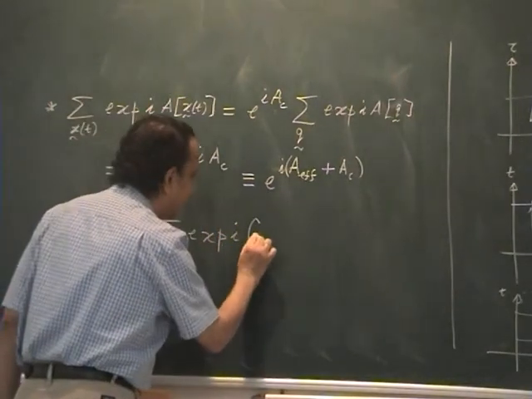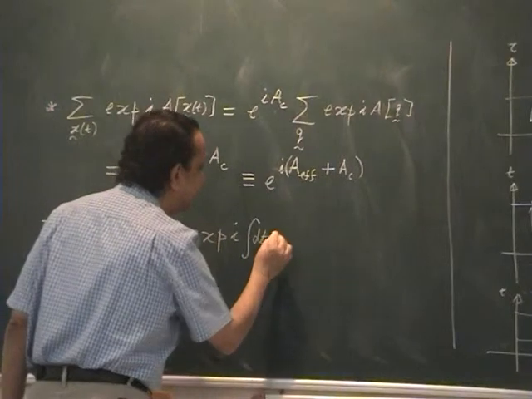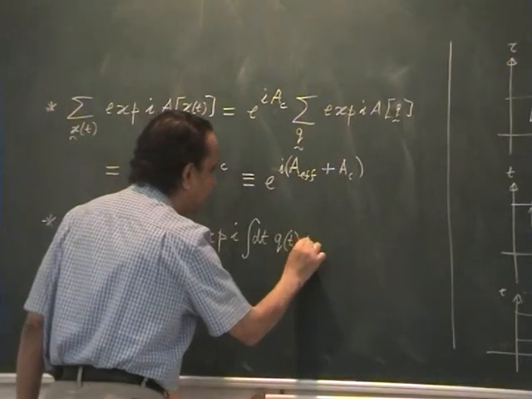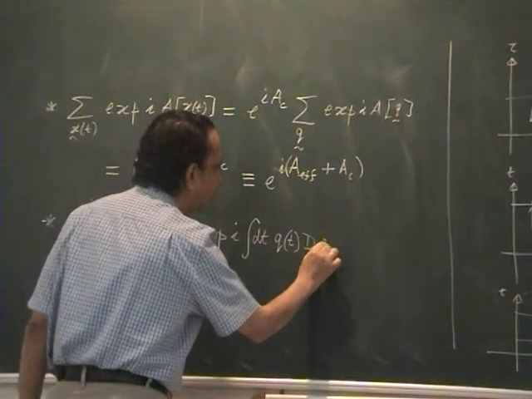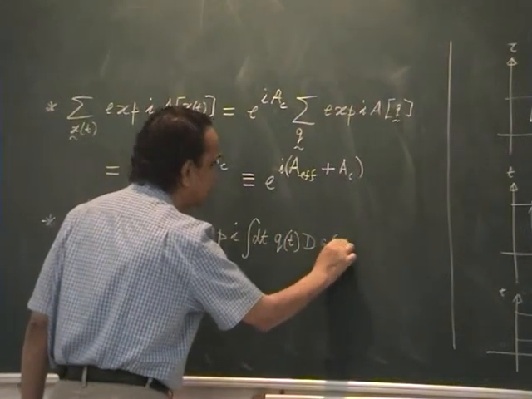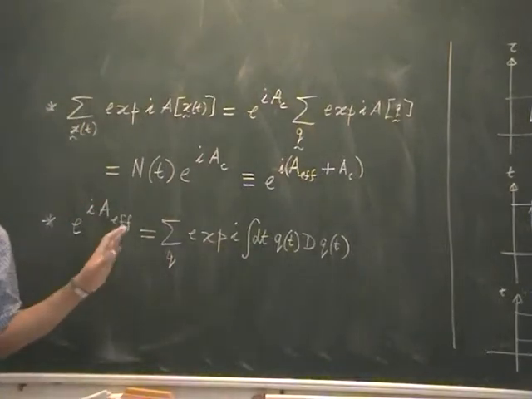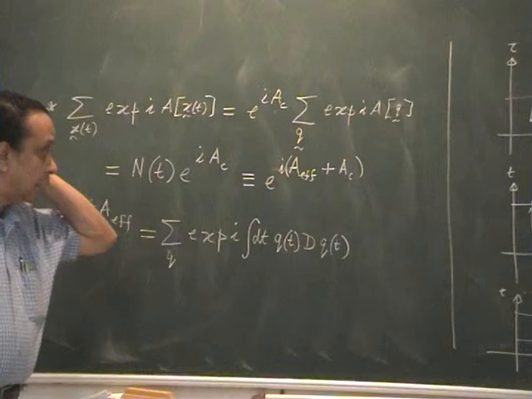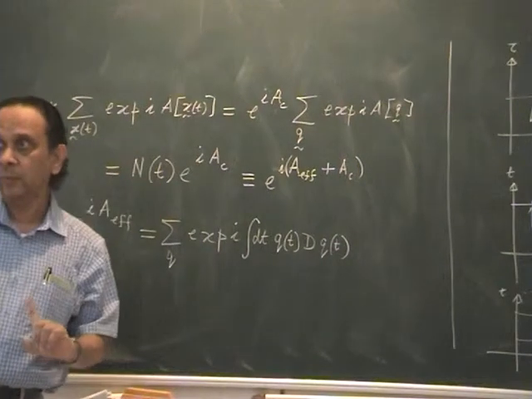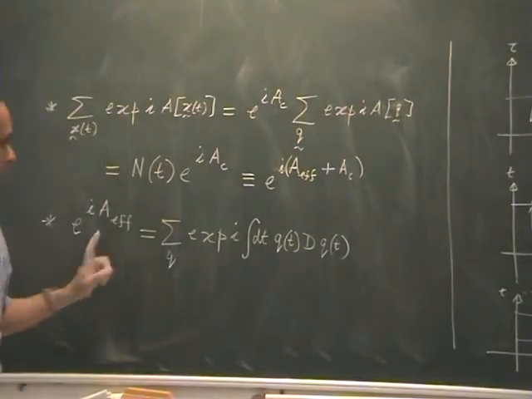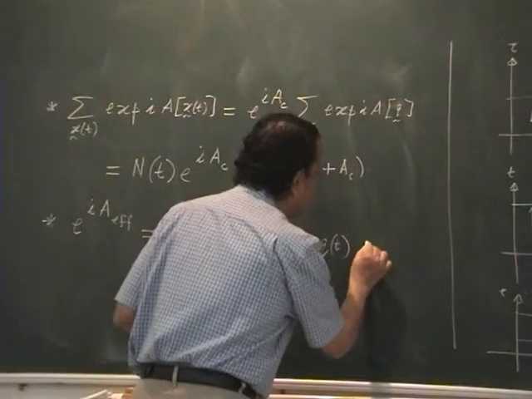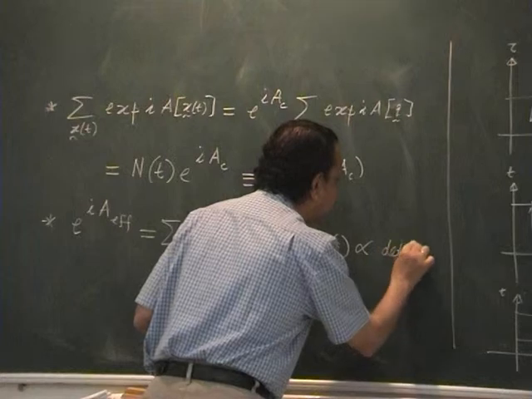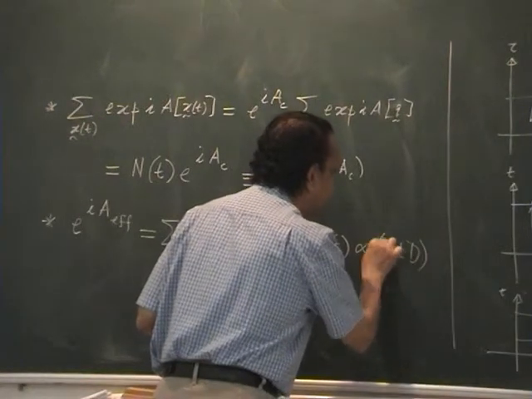Since it is a quadratic expression, I can write this as the integral dt of q of t, some operator D, another q of t. I hope you are with me up to this point. So this is what you would have computed. Now the exercise which I gave you, if you have done it, you will find that this is proportional to the determinant of that operator to the minus half.